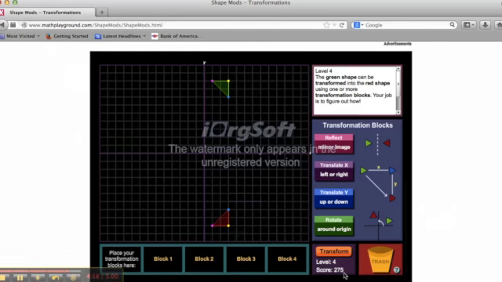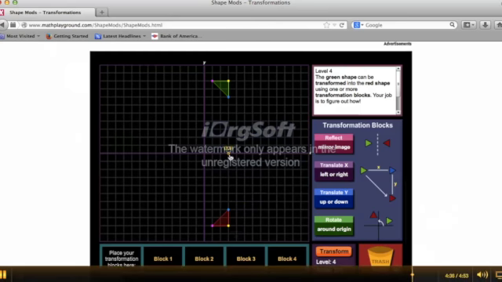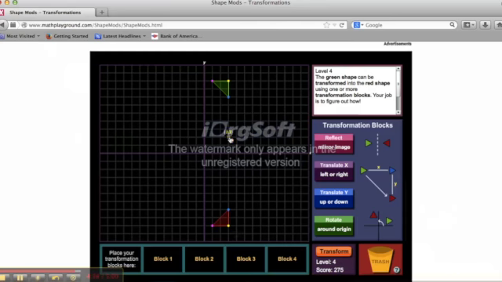But the whole process is actually learning how to do this, and this game provides a great way to reinforce the ideas of what a reflection, a translation, and even a rotation are, which are concepts that are in the geometry curriculum.